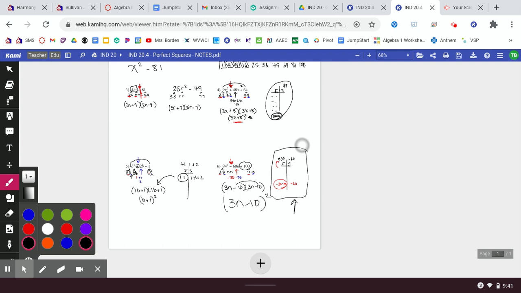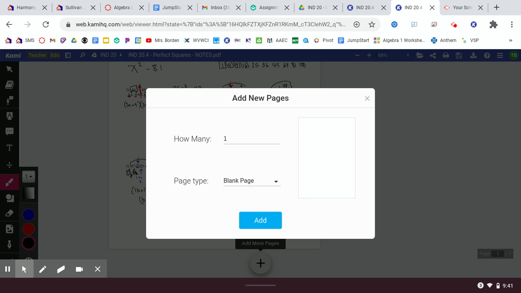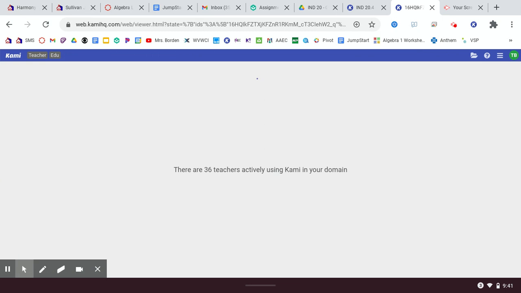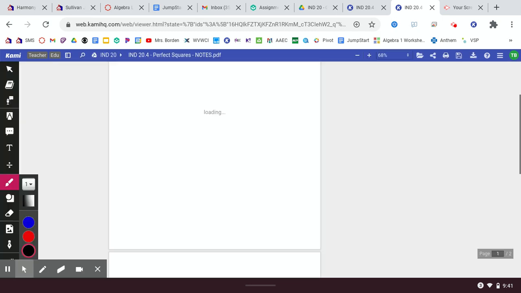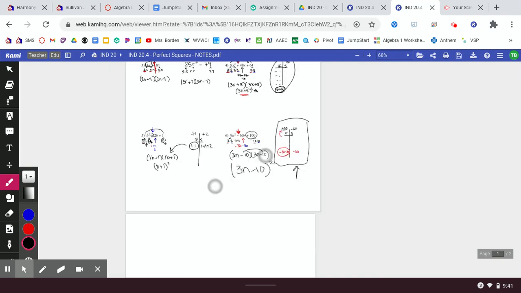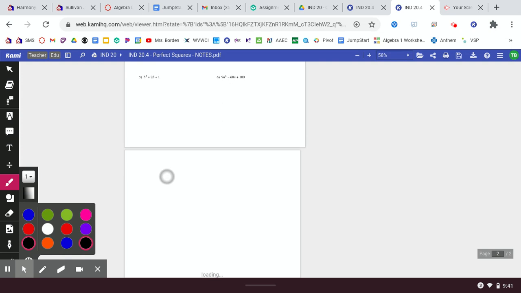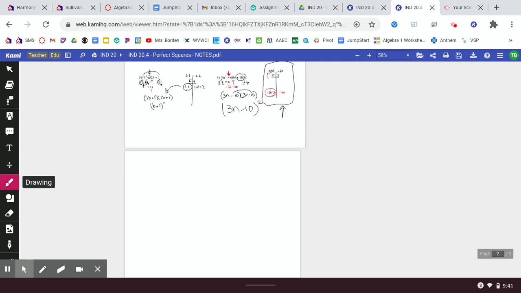I do really quickly want to show you something, and this will help you with your Khan Academies. It doesn't matter what order everything comes in. And what I mean by that is if I do 25 minus n squared, is this still a difference of perfect squares?